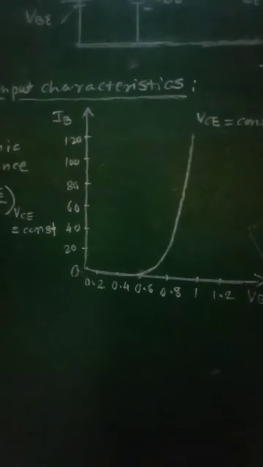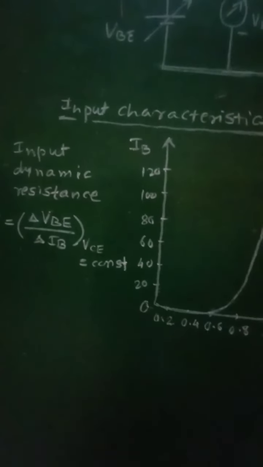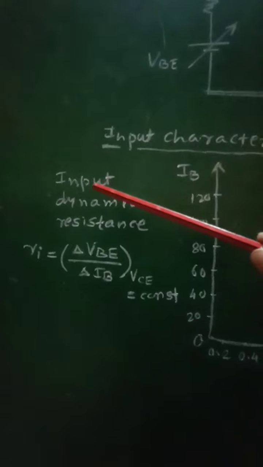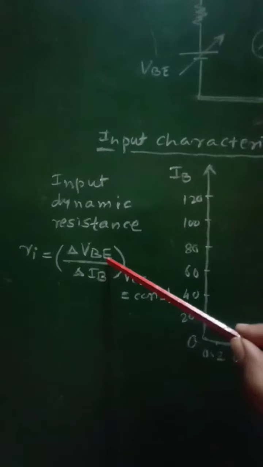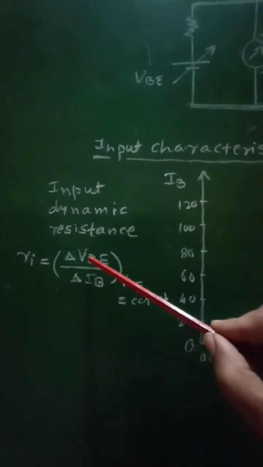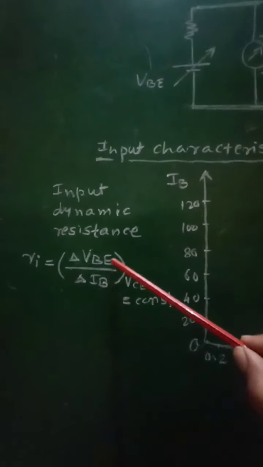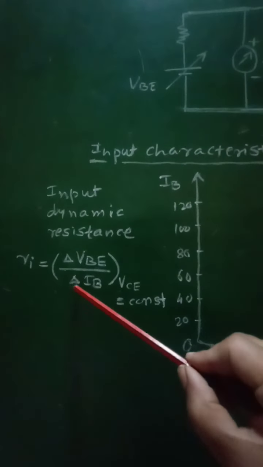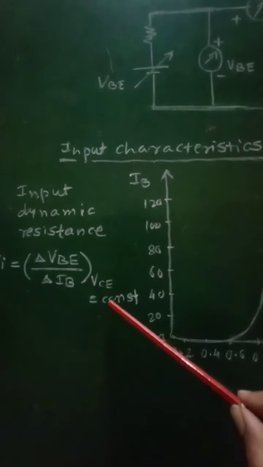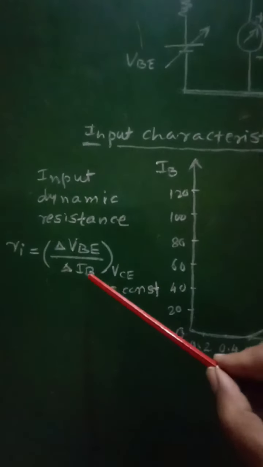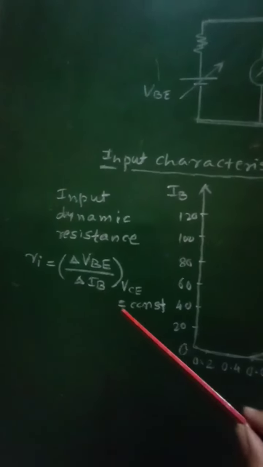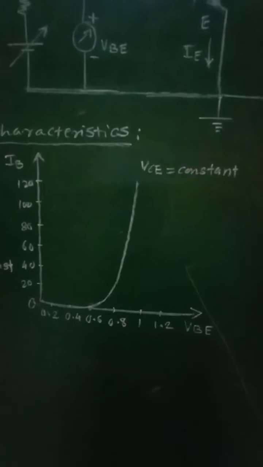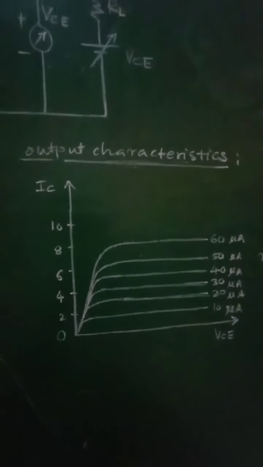That is, the input dynamic resistance Ri is equal to delta VBE, that is the change in potential difference between base and emitter, to delta IB, that is the change in base current, when VCE is constant. So this formula will represent the input dynamic resistance. So this will be regarding the input characteristics of this common emitter configuration.